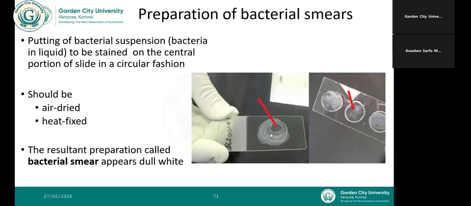Once you apply heat also, it kills the organism. So this smear no longer becomes infectious in some way, cannot be a source of infection. And it also allows the smear to pick up the stain readily.